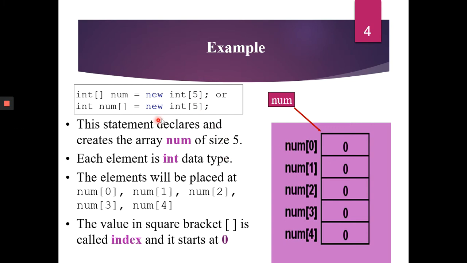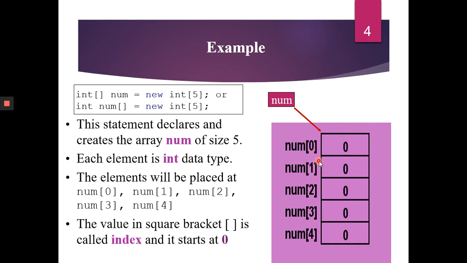If you notice here, the size of the array is 5, but the index is until 4, because the index always starts from 0 and ends with the size minus 1. So size is 5, 5 minus 1 is 4. So your index is 0, 1, 2, 3, and 4. You have to place the index within the square brackets.